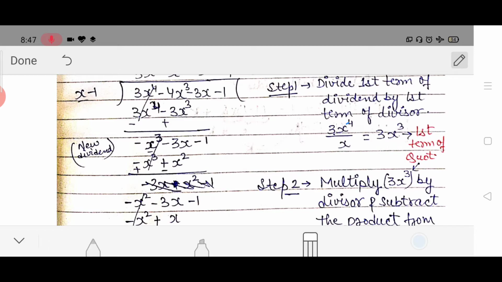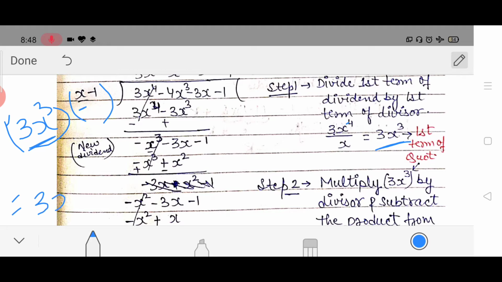See, along with this, what we have to do: our quotient first term was 3x cube, we have written here 3x cube. इसको multiply करना है divisor के साथ. So what will you get after multiplication? 3x cube into x is 3x^4 and 3x cube into minus 1 is minus 3x cube.